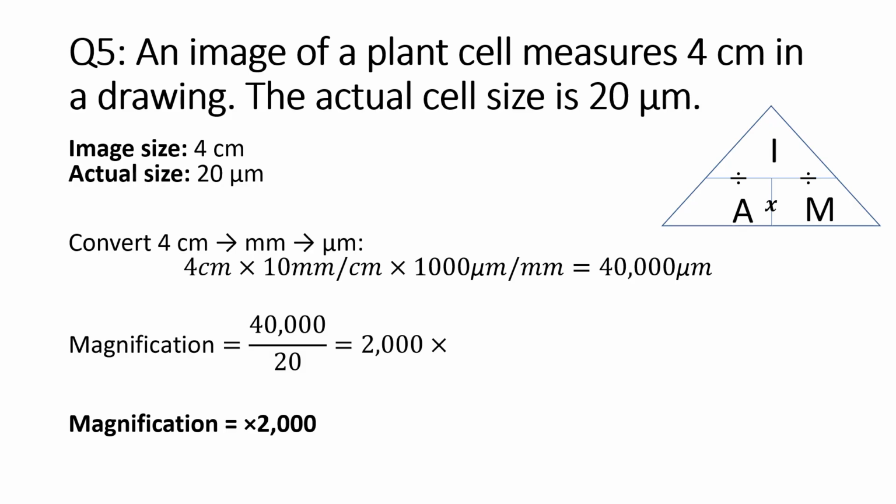We can do that as 2 separate steps, which will give us a value of 40,000 µm. So our 4 centimeters converts into 40,000 µm. We then have our image size of 40,000 µm divided by the actual size of the object, which is 20, which gives us a magnification of 2,000, which is why our answer is times 2,000.